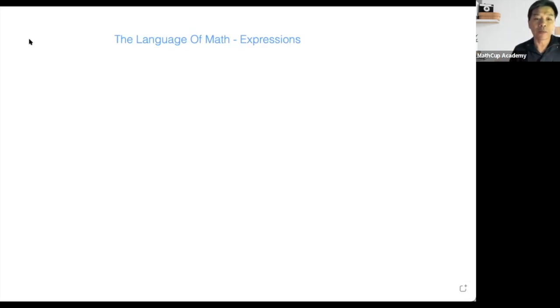The first step is to translate a word problem from English to expressions, the language of math.